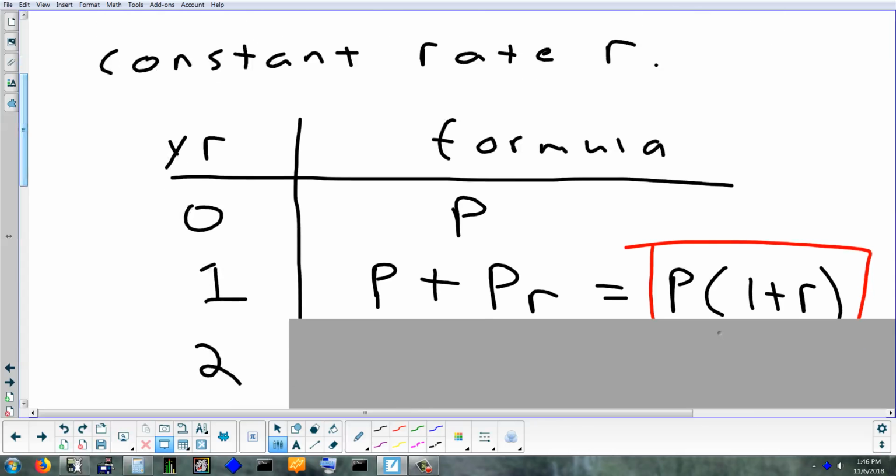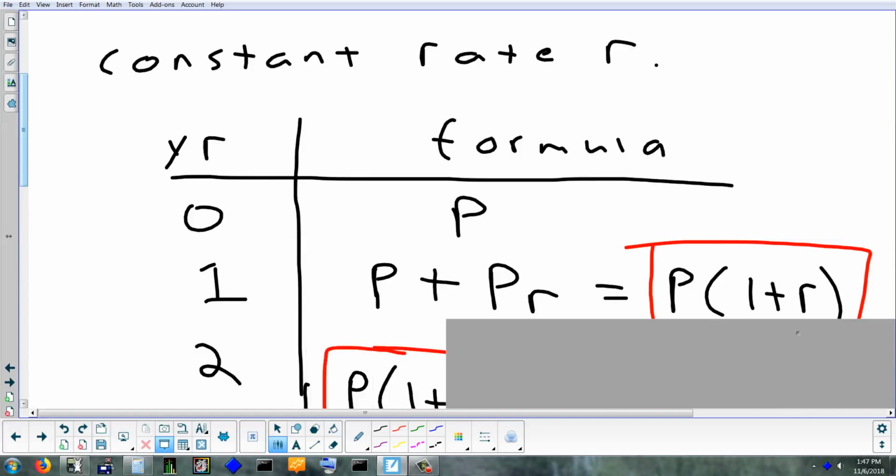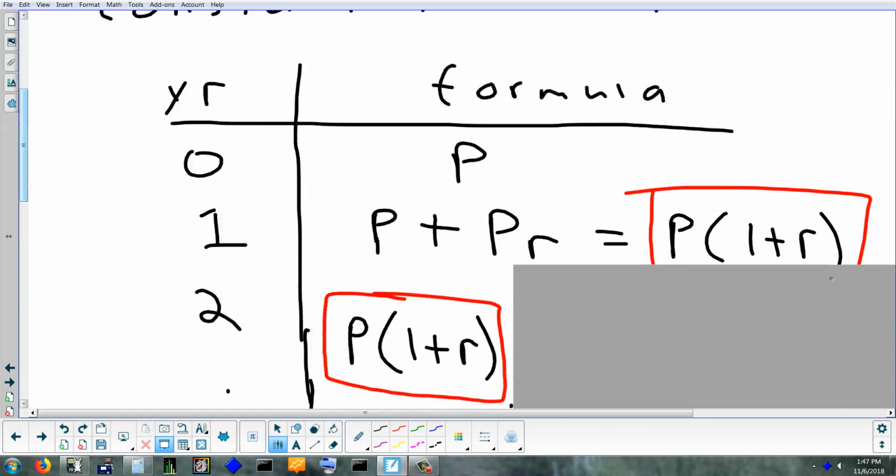So now, each year I said your new population is what you had plus the growth. What are we starting with in year 2? What's our population to start with? Yeah. P times 1 plus R. That's what you're starting with. And now, what do you multiply that population by to figure out the growth?